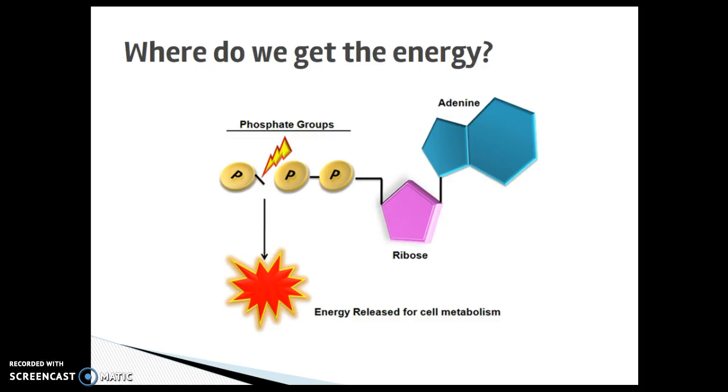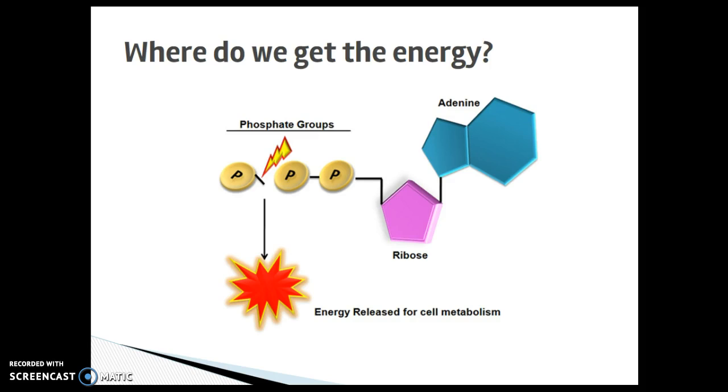So where do we get the energy? Like the video mentioned, energy is stored in these chemical bonds within the phosphate groups. In one of these phosphate groups, the bond is going to be broken, and ATP energy is going to be released.